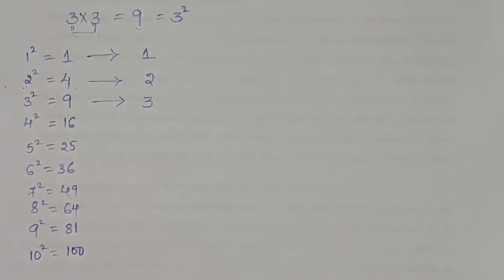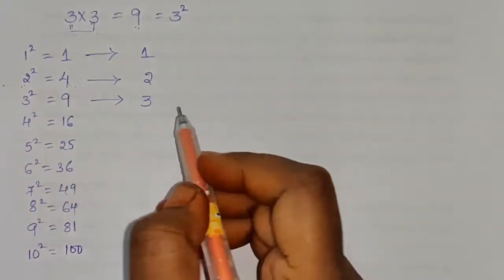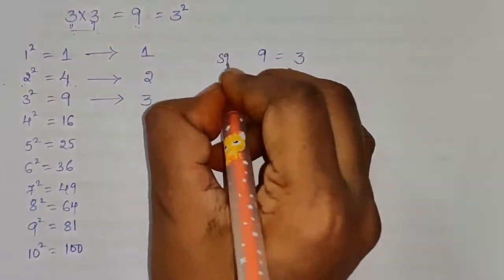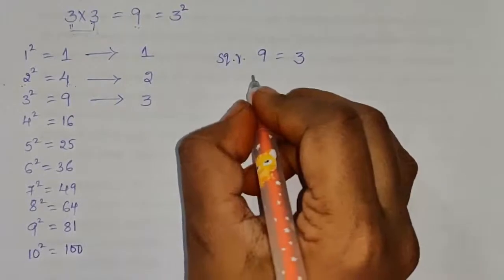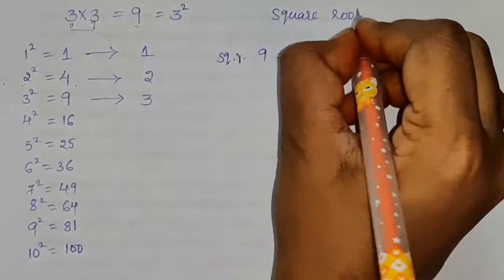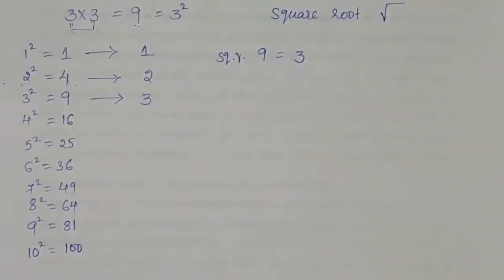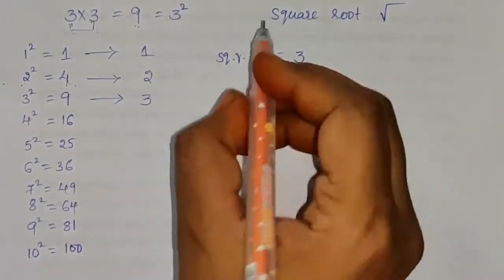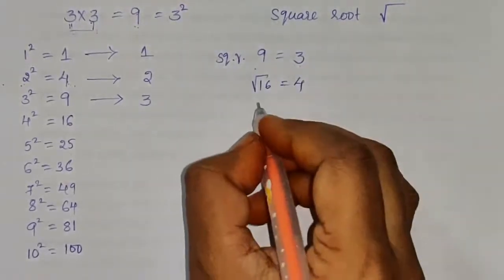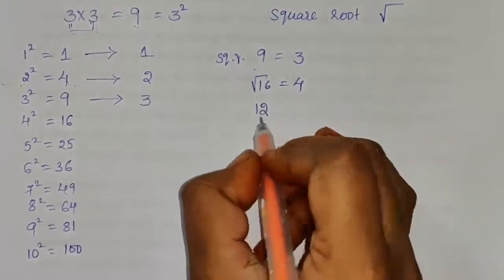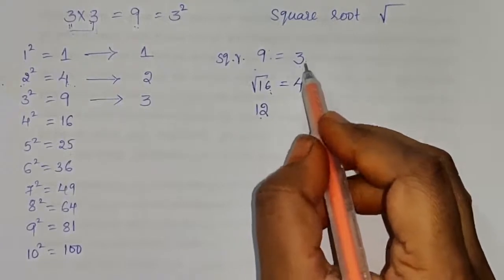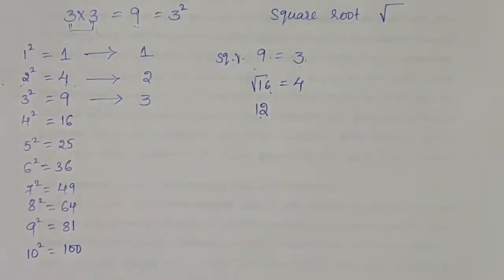Let us take an example. The square root of 9 is 3. You can represent the square root with a symbol like this. The square root of 9 is 3 and the square root of 16 is 4. But what about the square root of 12? This 12 lies in between 9 and 16, but there is no perfect number between 3 and 4.